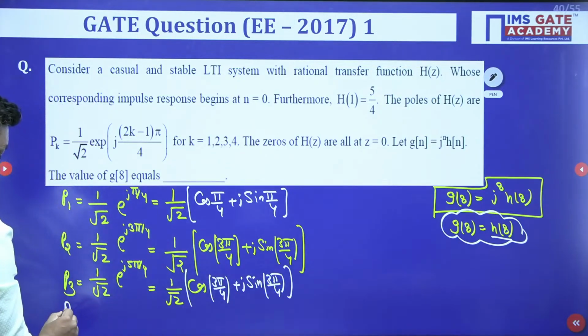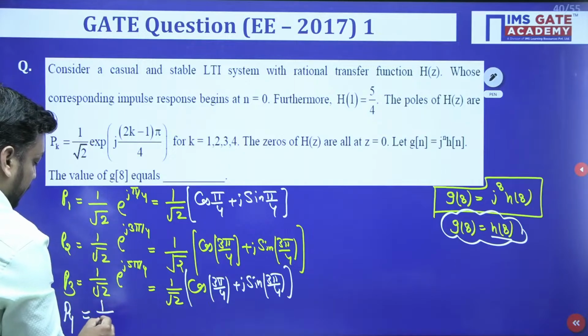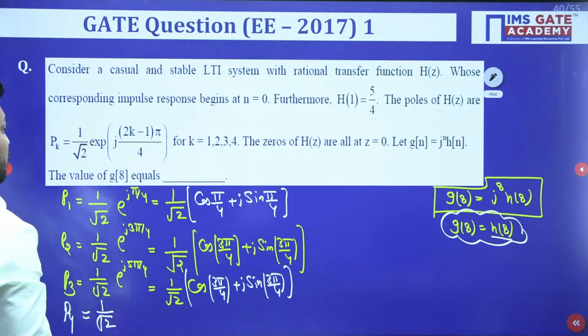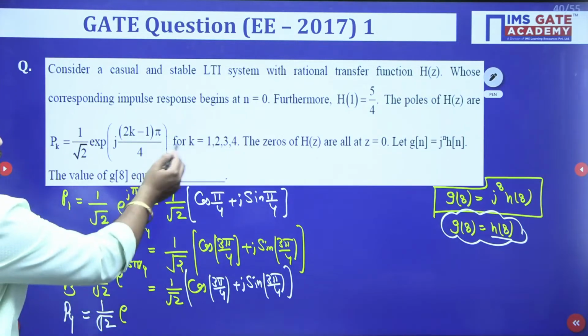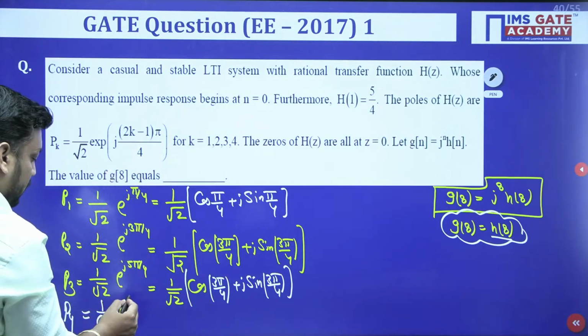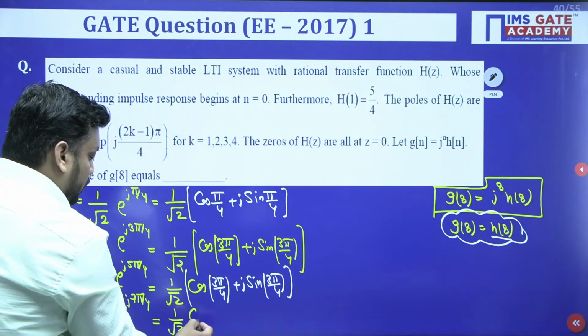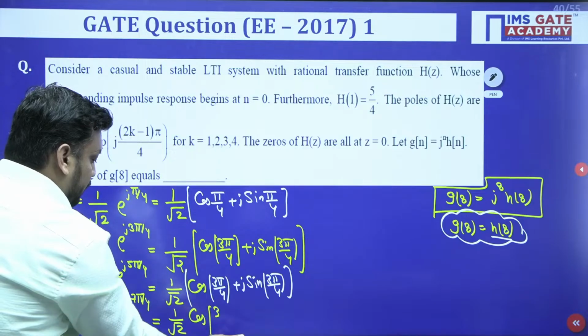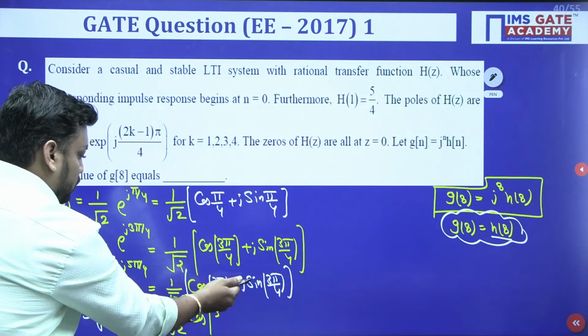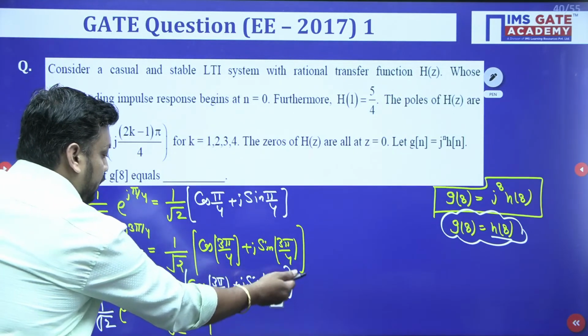Similarly students, if I talk about p4, it is nothing but finally 1 by root 2 e to the power, when you put 4 here, 4 to 8 minus 1, 7, e to the power j 7 pi by 4. So the ultimate answer will be 1 by root 2, and here you can write cos of 7 pi by 4, not 3 pi by 4; earlier also 5 pi by 4, 5 pi only, yes.